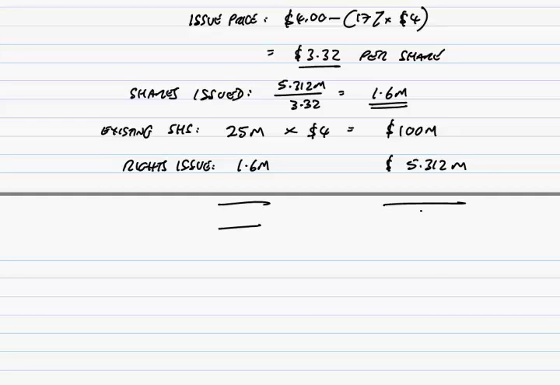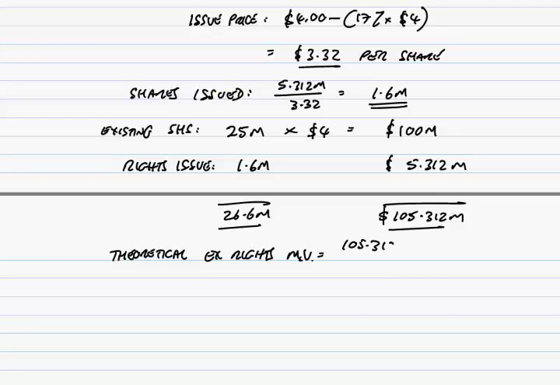And so, in future, we're going to have 26.6 million shares, and in theory, for no gain, no loss, this should be worth 105.312, and therefore the theoretical ex-rights price is $105.312 million divided by 26.6 million. How much is that?